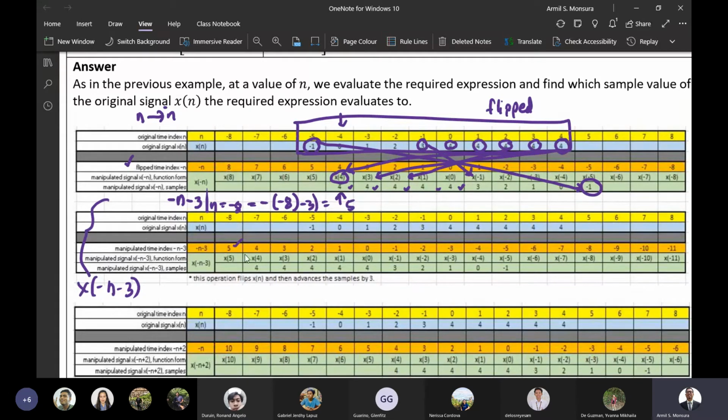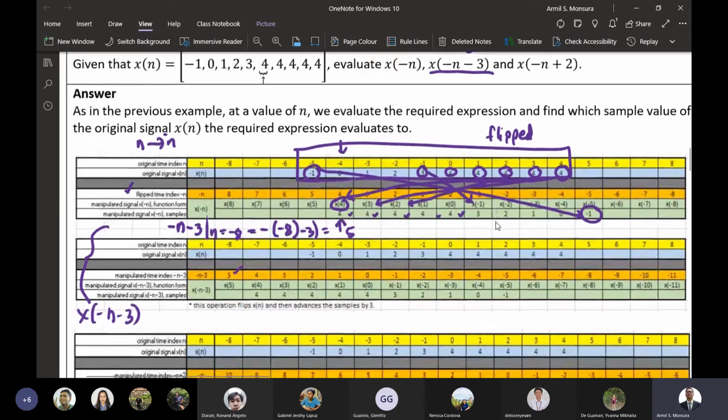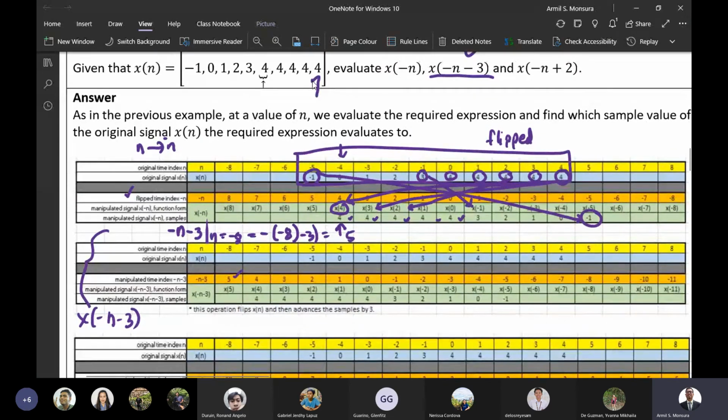Okay. So, pag kinumpleto nyo yan, that's 5, then 4, 3, 2, 1, 0, and so on. Now, take note na, again, yung original signal ninyo, ang pinakahuling non-zero value niya is para sa x of 4, at ang pinakauna niyang non-zero value ay x of -5.